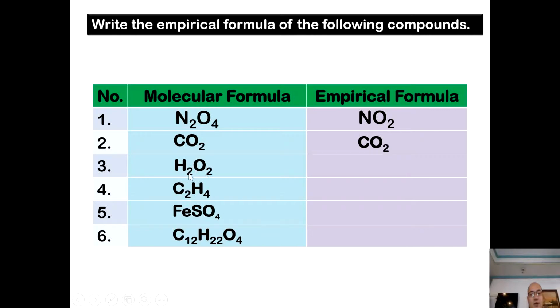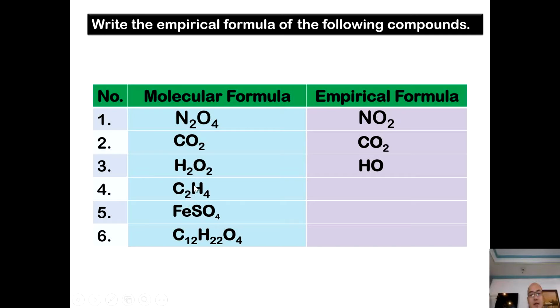Both are 2, so the common factor is 2. Of course, H2 divided by 2 is H1, and O2 divided by 2 is O1. Of course, 1 should not be written as a subscript.